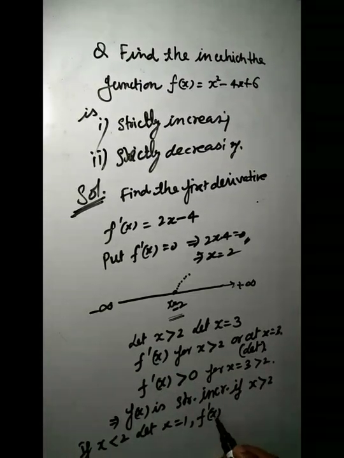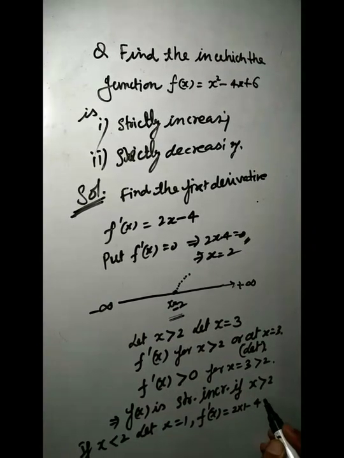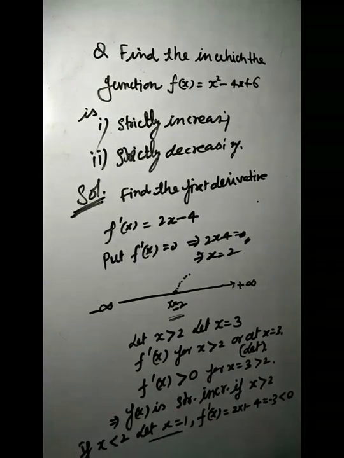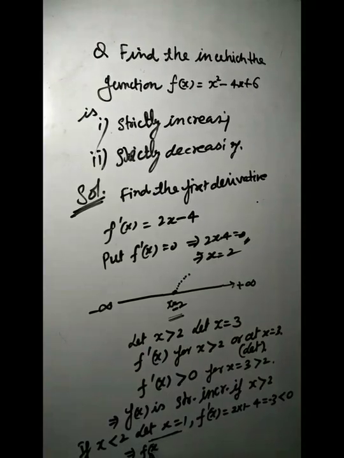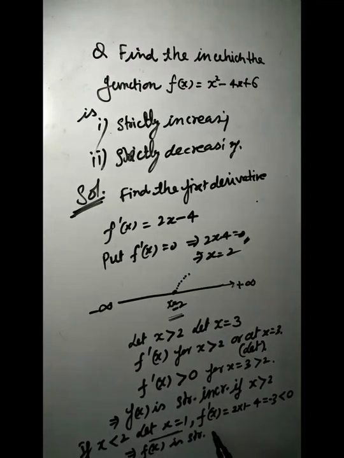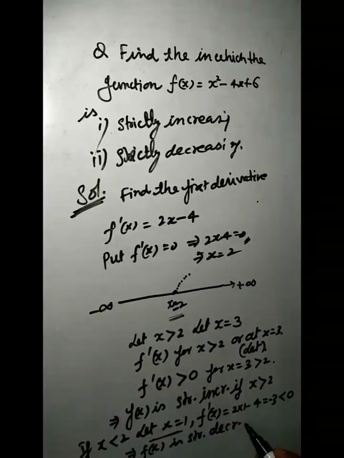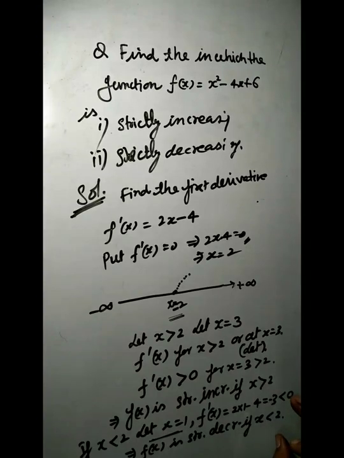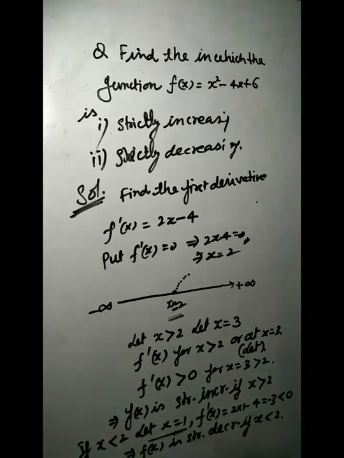So f dash x equals 2 into 1 minus 4. This is minus 3, less than 0. So for x less than 2, let us take x equals 1, f dash x is less than 0. This implies that fx is strictly decreasing if x is less than 2. Here x equals 1 we have supposed.